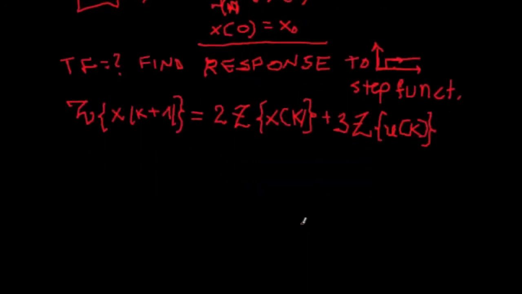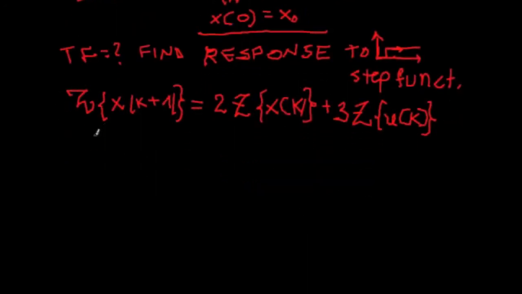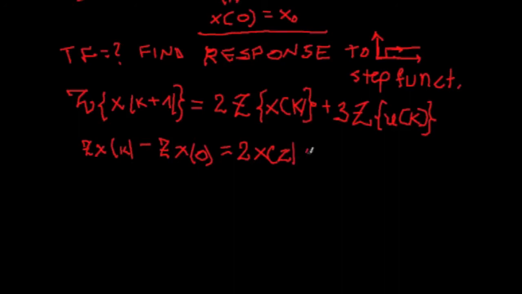And we already know that if we take the Z transform of this expression, we obtain z times X of z minus z x of 0, which is nothing but this term here, and here this is 2 X of z plus 3 U of z.